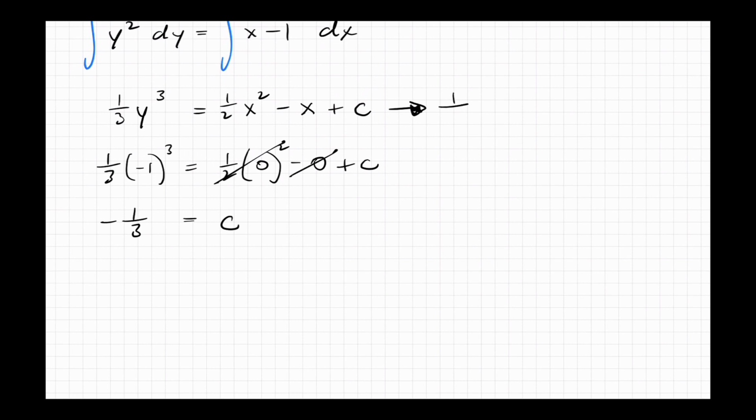So I'm going to rewrite this: 1/3 y cubed equals 1/2 x squared minus x minus 1/3. Solve for c.